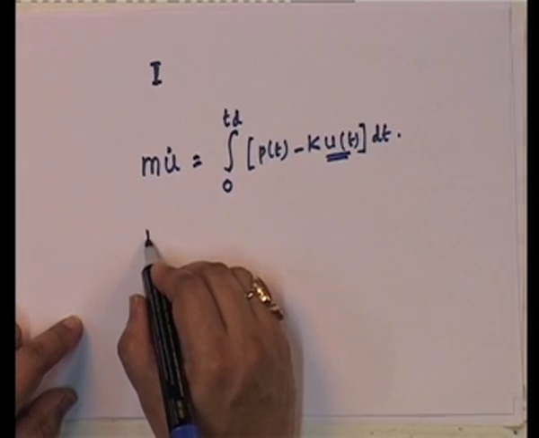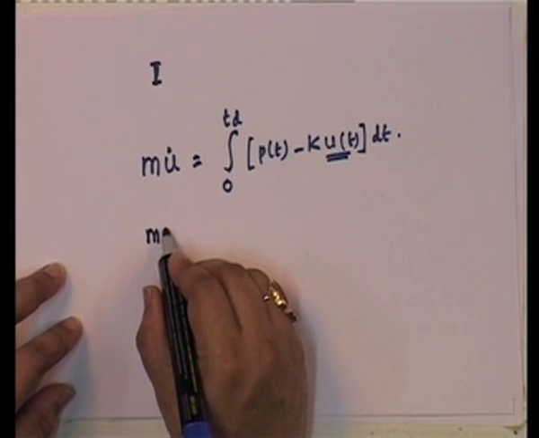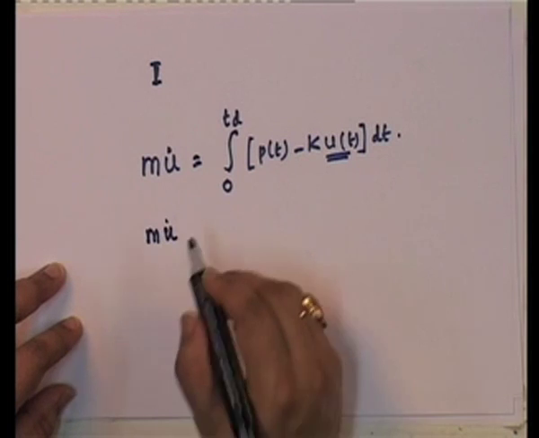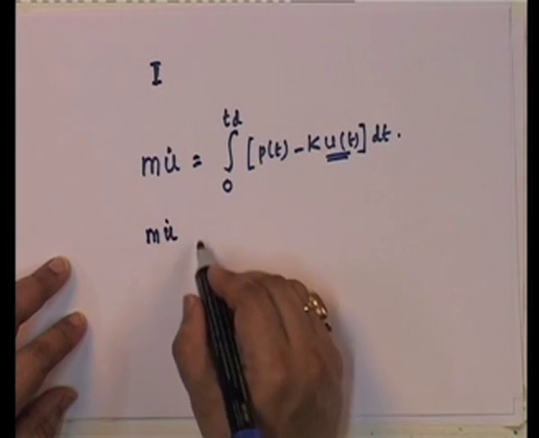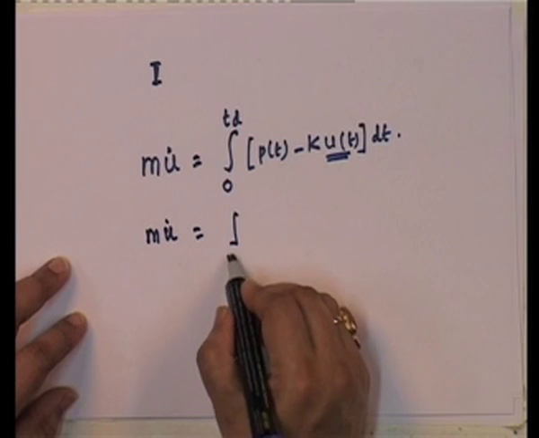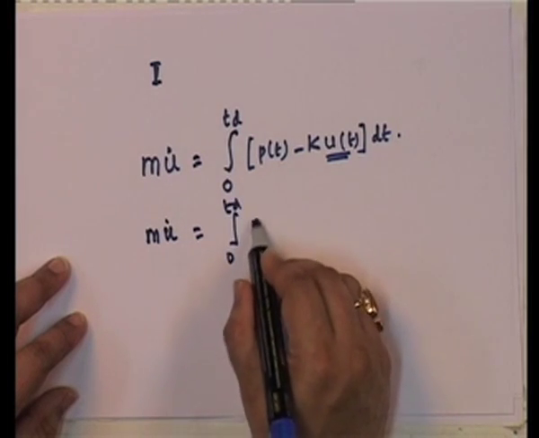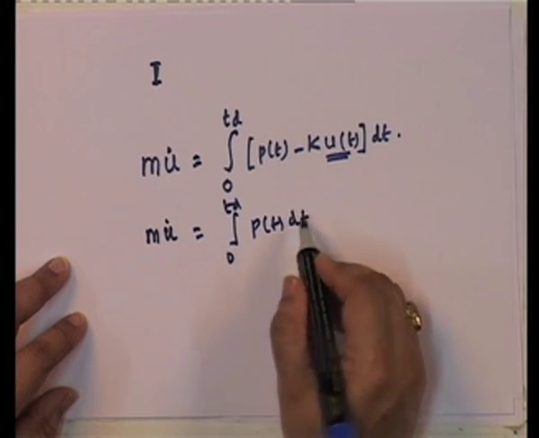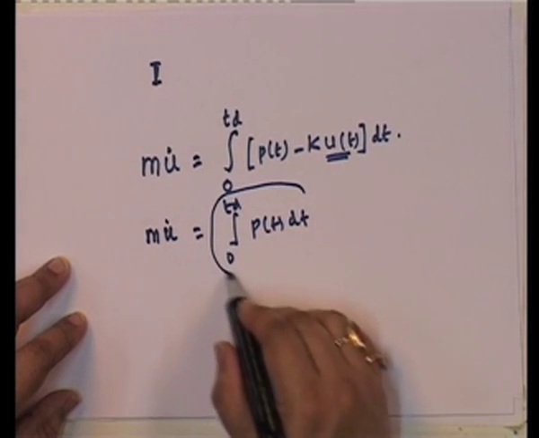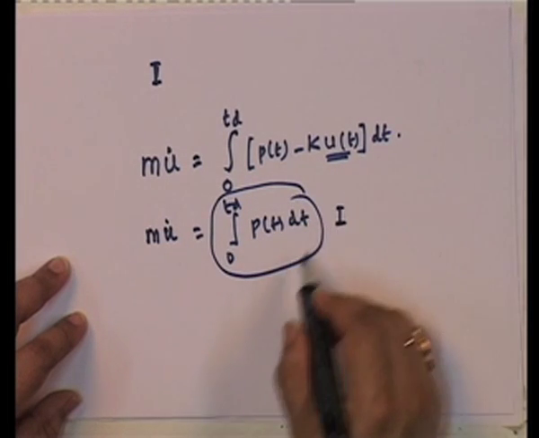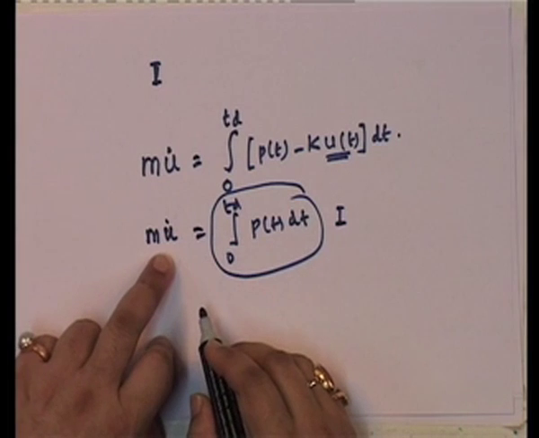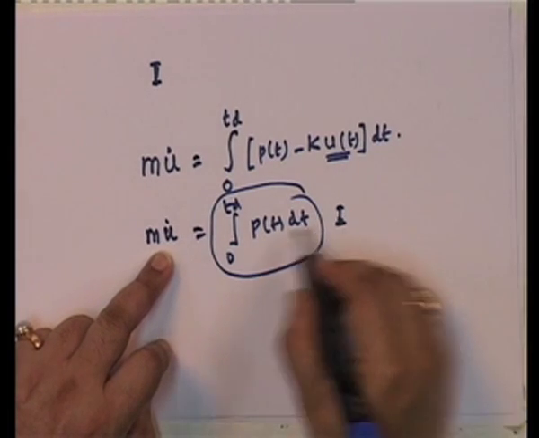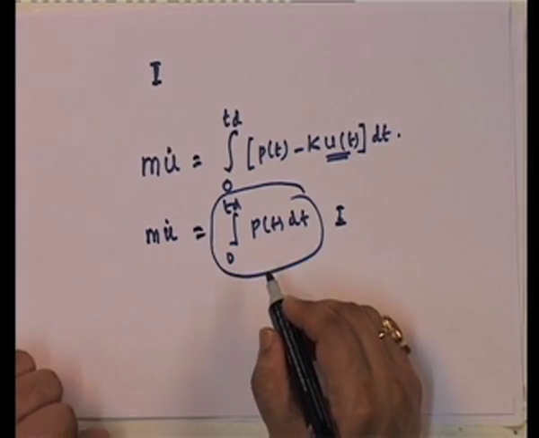So, this basically becomes m u dot is equal to the integral from 0 to Td of P(t) dt. And what is this? This is nothing but the impulse. So, essentially what we are saying is change of momentum is equal to impulse.